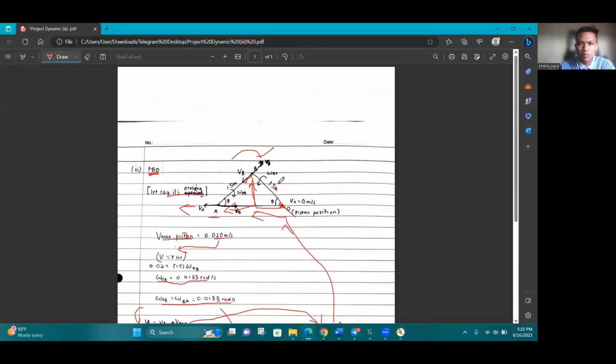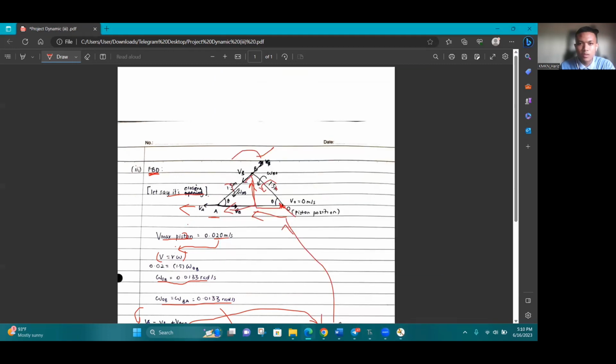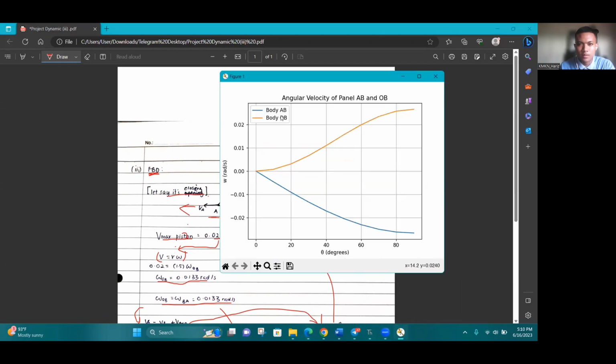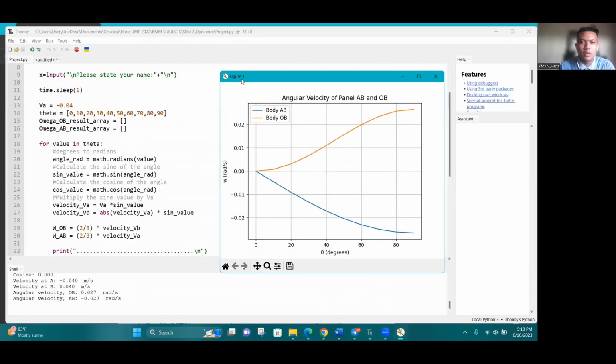We know that omega OB is moving anti-clockwise, which means it will be positive. And AB is clockwise, so it will be negative. So we can conclude that this graph and this coding is running correctly. So that's all for me. Thank you.